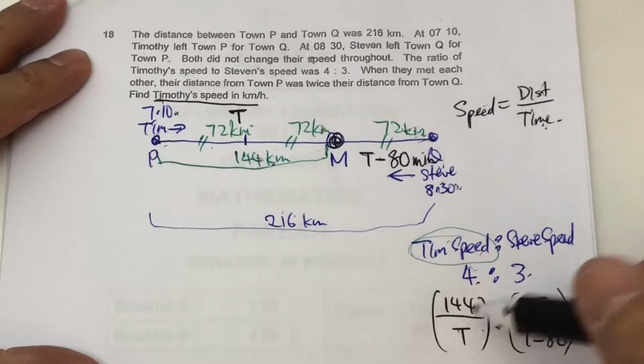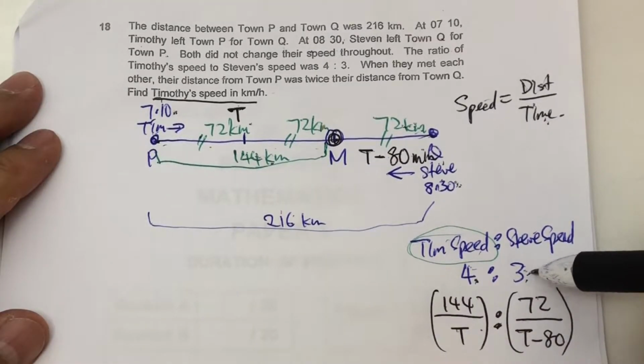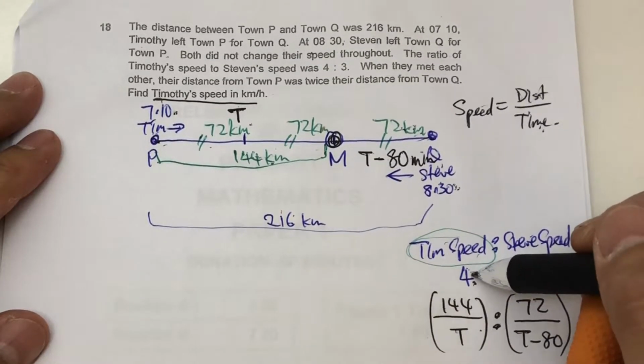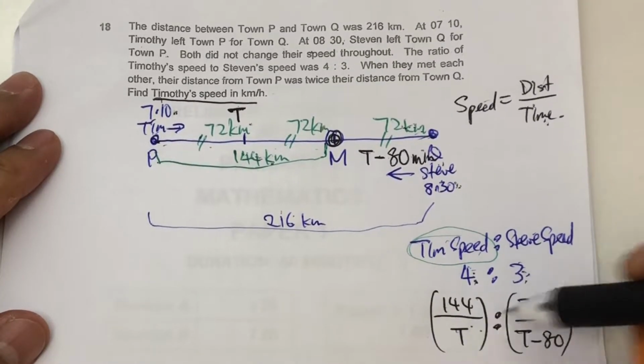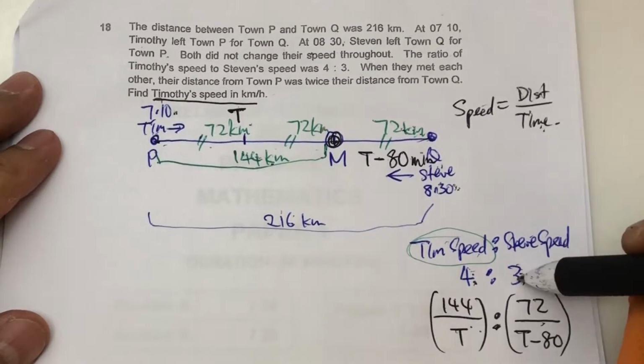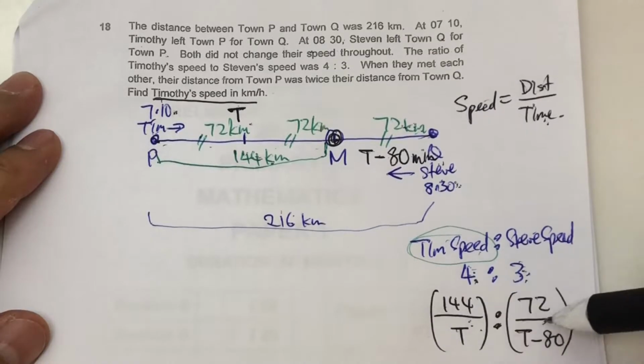So here we have the two speeds. I've spoken a lot about this in my videos when dealing with ratios: this divided by this times this equals this. Going anti-clockwise, this divided by this times this equals this.